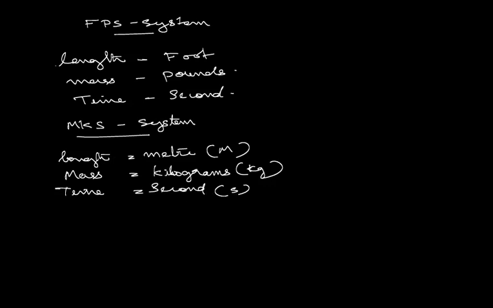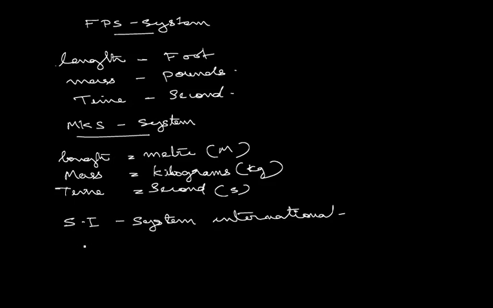Now these systems of units are no longer used and a new system called the SI system is used, or it is called Système International. This is actually a modified form of the MKS system.